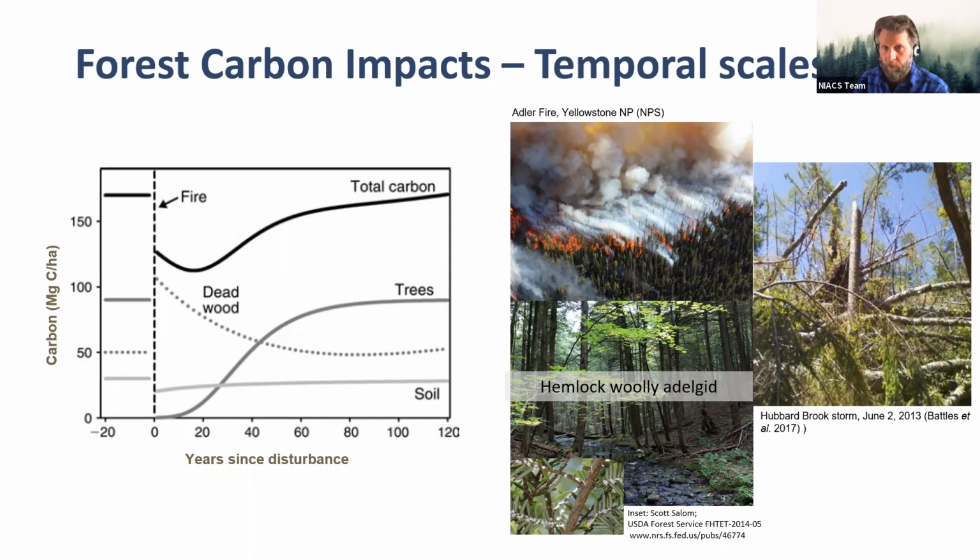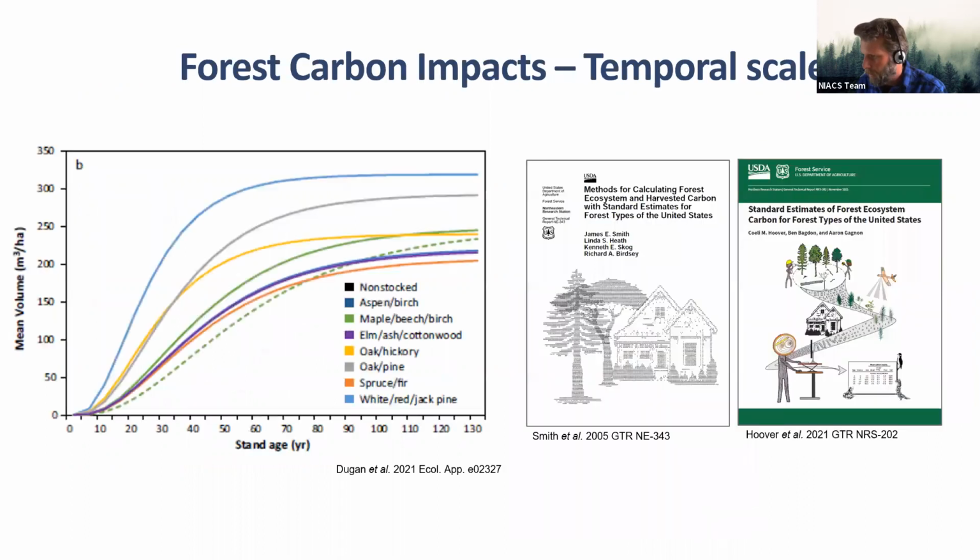And the regrowth of that forest might look very different than following a fire, which is going to have pretty severe impacts to the soil and to regeneration rates. And then hemlock woolly adelgid, that kind of disturbance is going to look even different. And I'm going to talk a little bit about that in the next slide after this one.